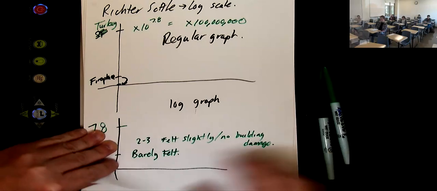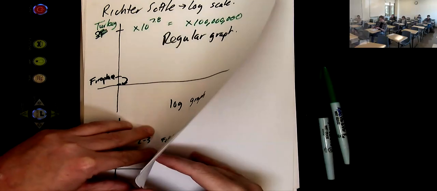We didn't do much practice with it, so I want to point out the change of base because I know they will ask you this in homework. Change of base.